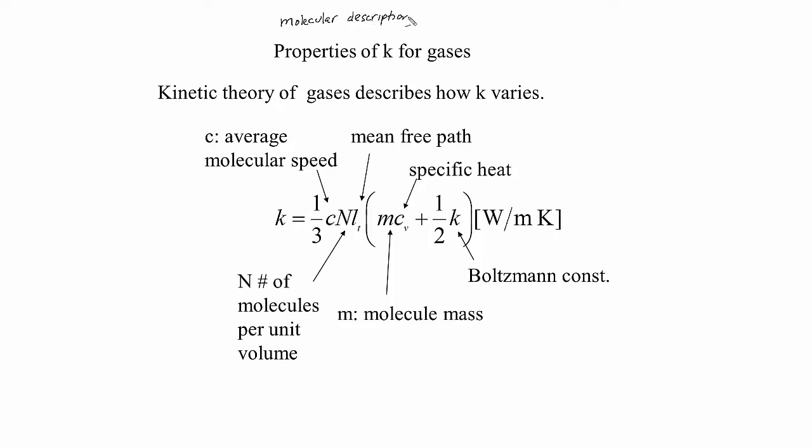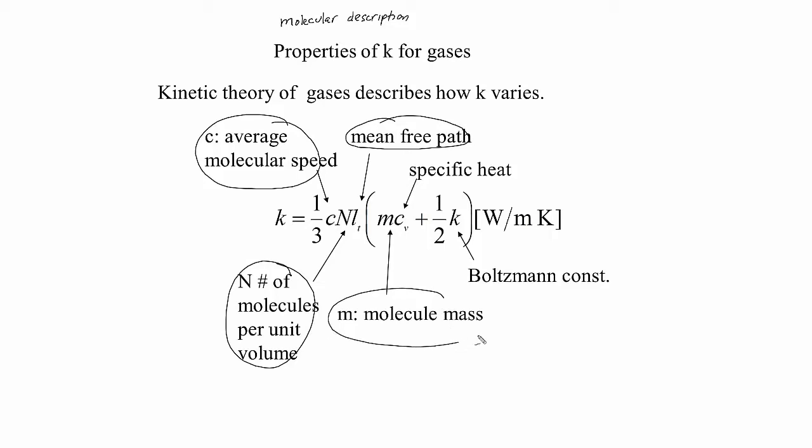That molecular description says it depends on some molecular speed, the number of molecules per unit volume, a length scale over which these carriers collide with each other and with other things, the molecular mass of the system, a specific heat, and the Boltzmann constant, which is the relationship between energy and temperature.